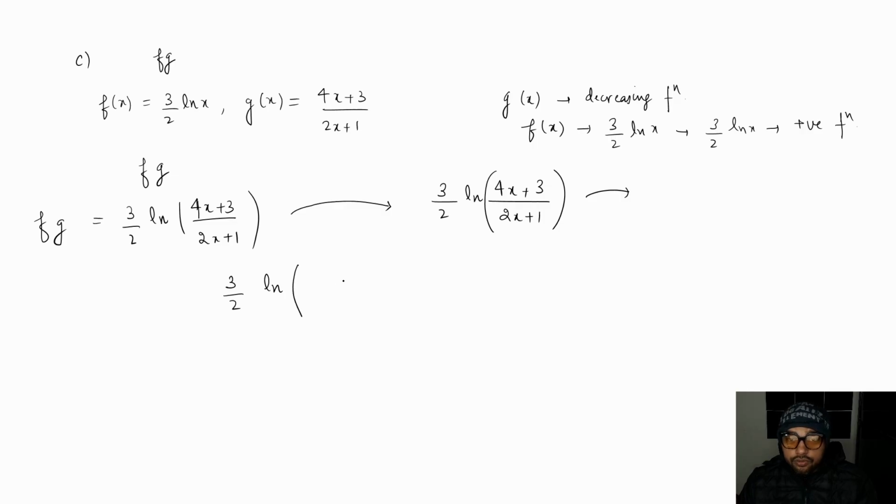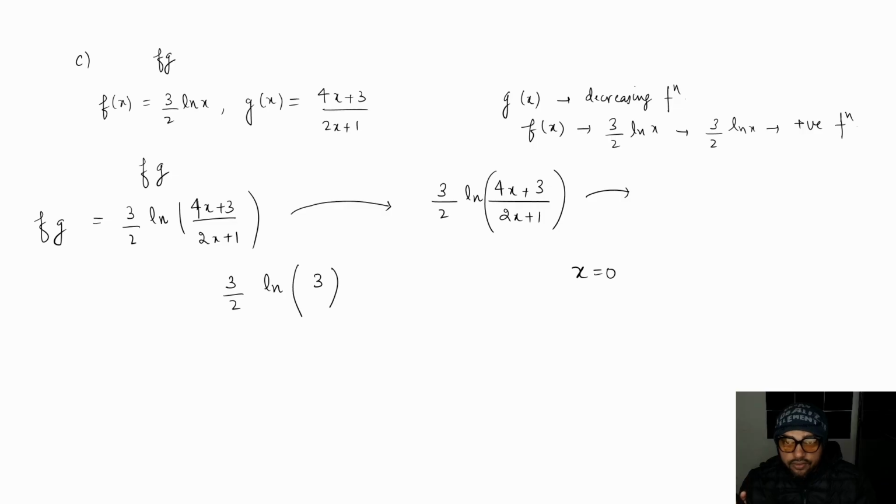This will also be a question. So here we will get 3/2 log of 3 if we are substituting x equals 0, because the domain of this logarithmic function will lie from 0 to infinity. This is how we can plug in the value of x here.